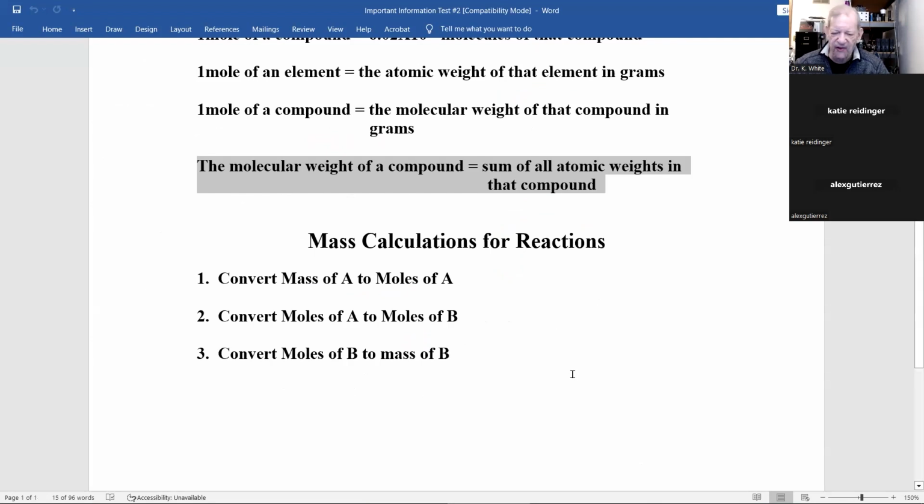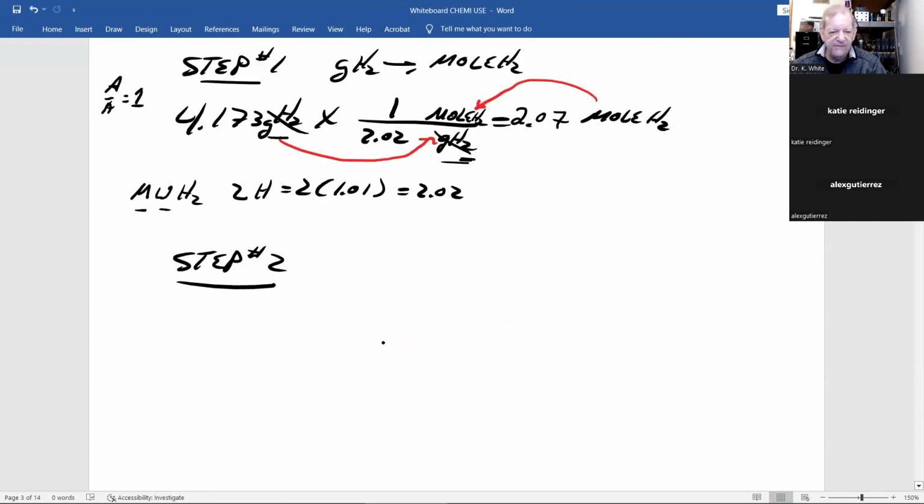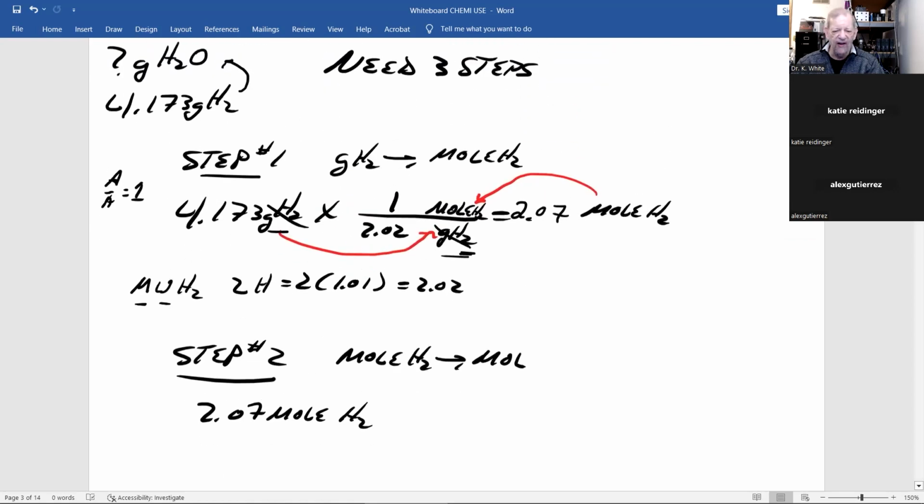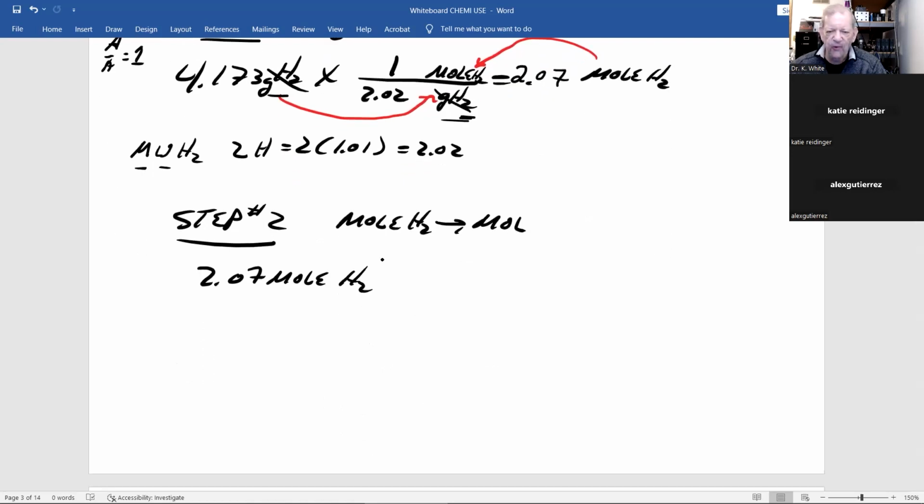Moles of A to moles of B. So we just calculated moles of hydrogen. And what are we trying to get to eventually? Grams of water. But in this step, we need moles of water.